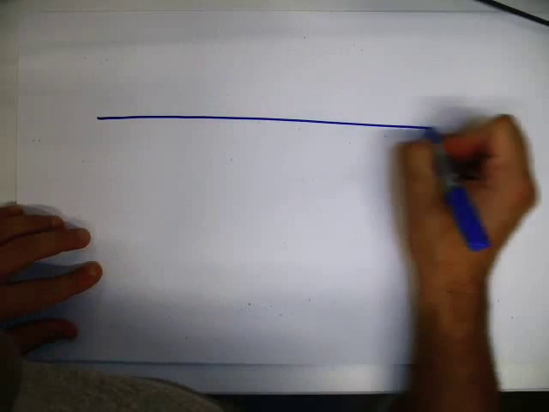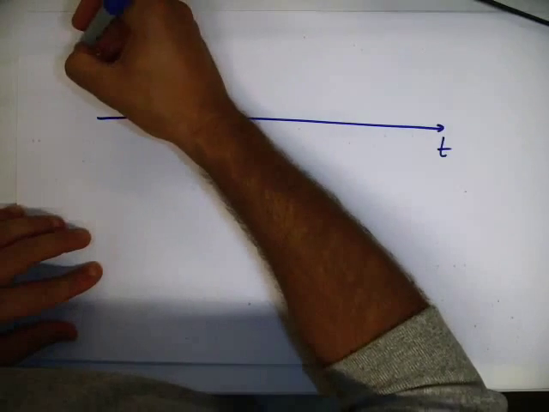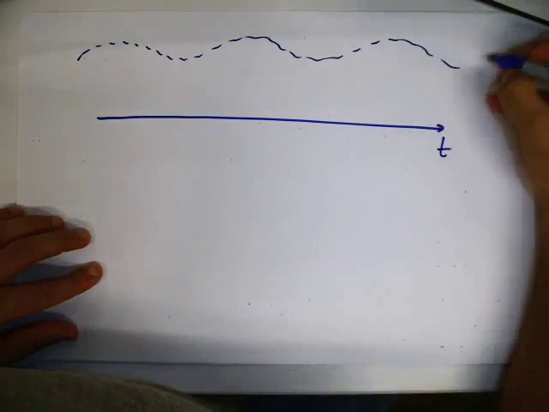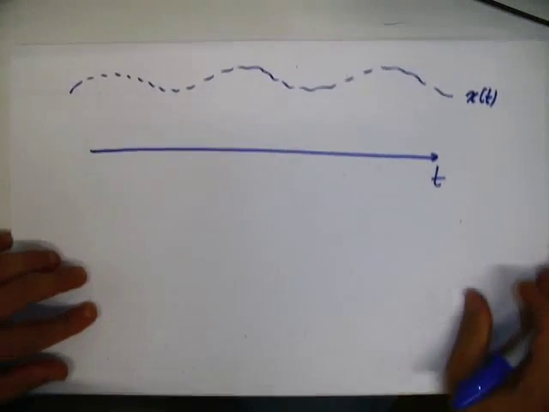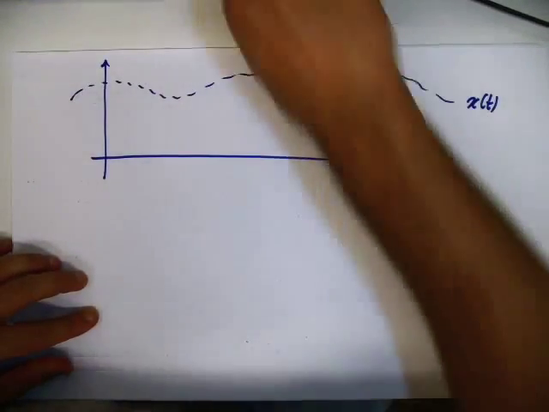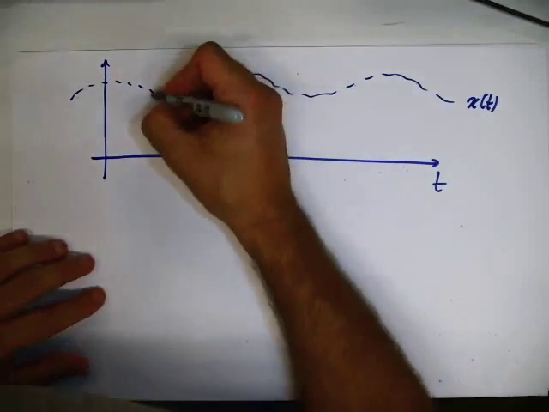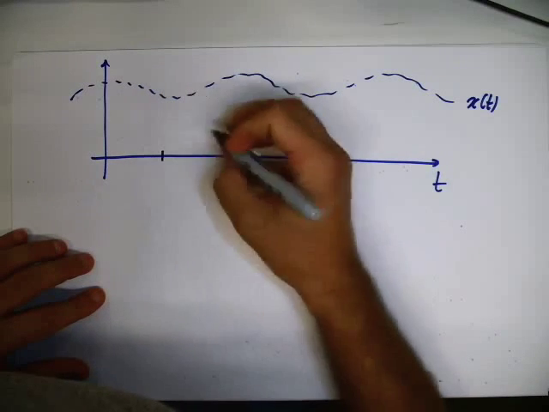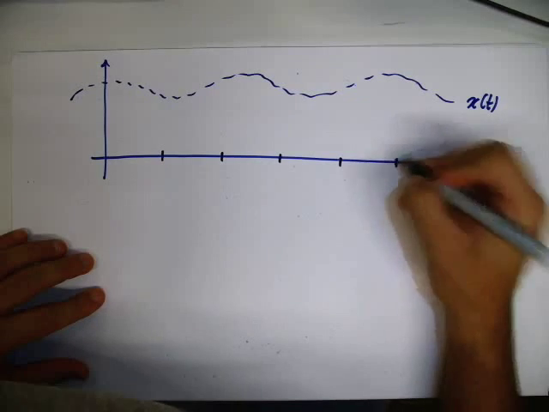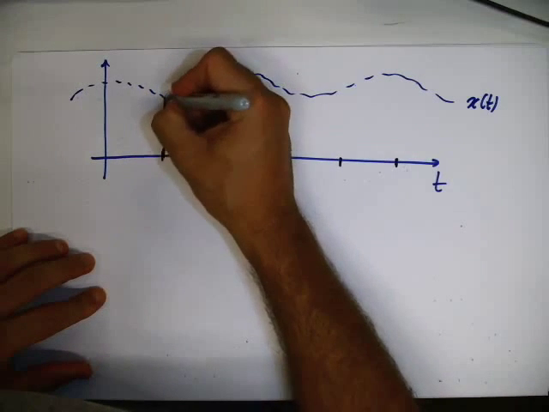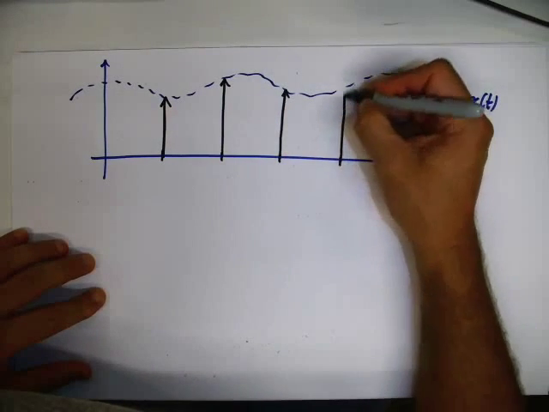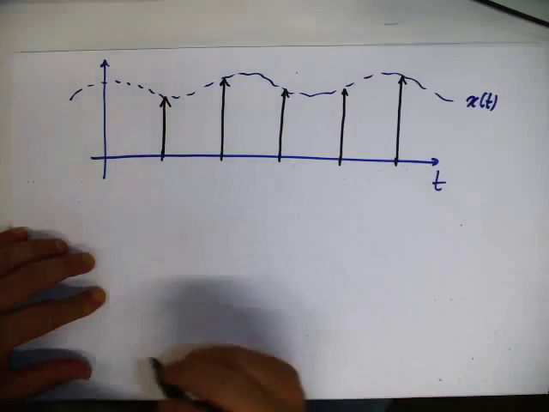We have our continuous signal x(t), which is sampled every Ts. Now we sample it every Ts, and we define the Dirac-ified signal x_s(t).